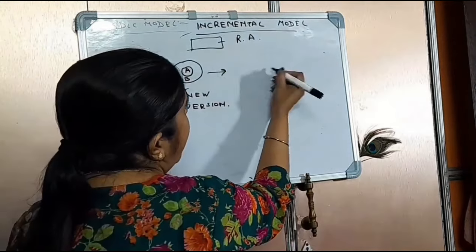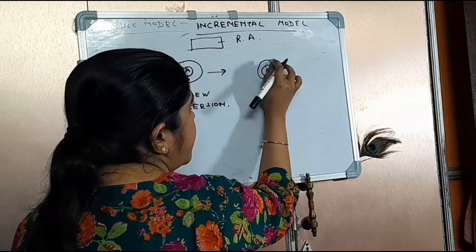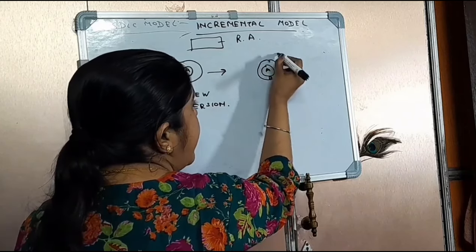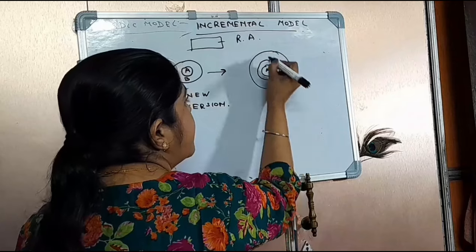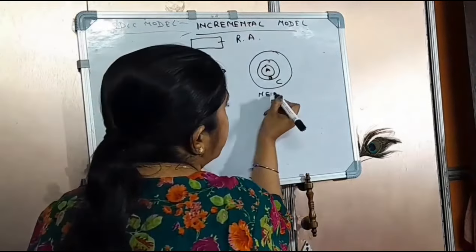So what will happen? A, then the already incorporated features, that is B. Now again some features, that is C. This is now my new version.